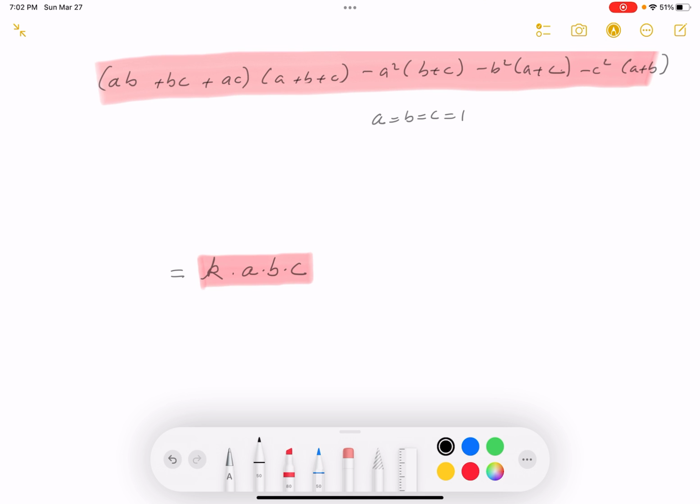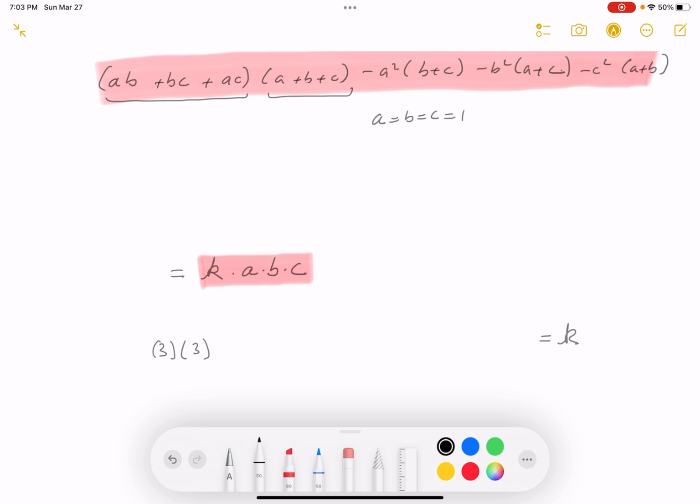So on the right side, that's really easy. It's just K times 1, which is K. Now, if I do the left side, a little more demanding for me, but 1's easy. So I'll just do this first. That would be 3.